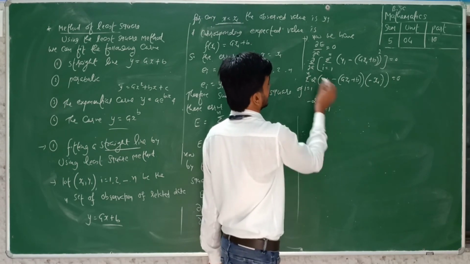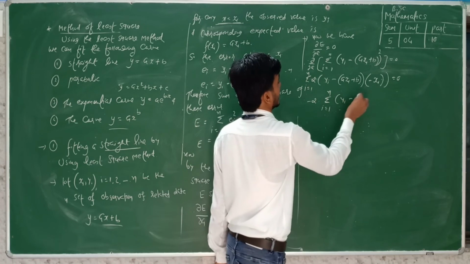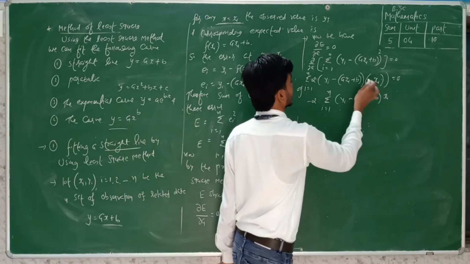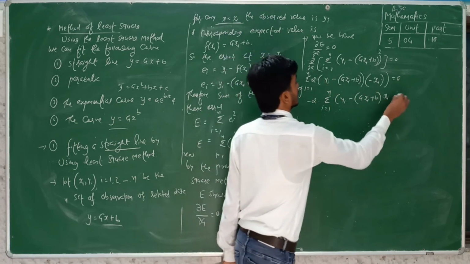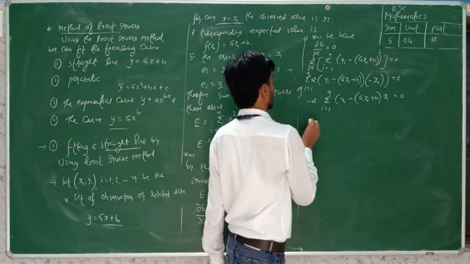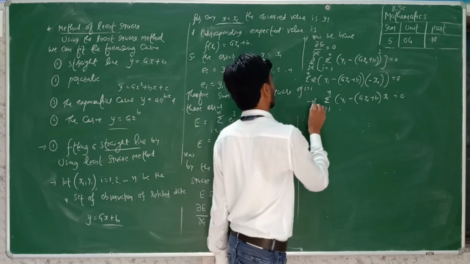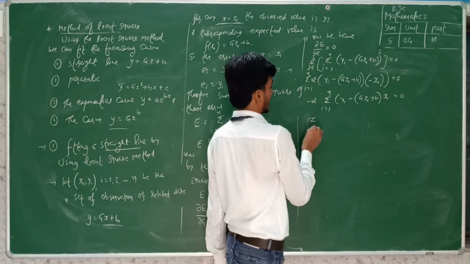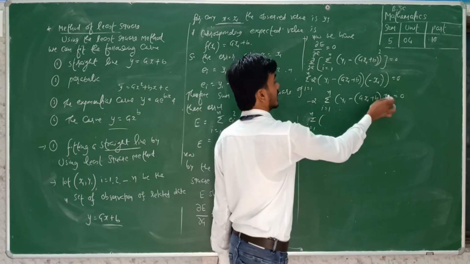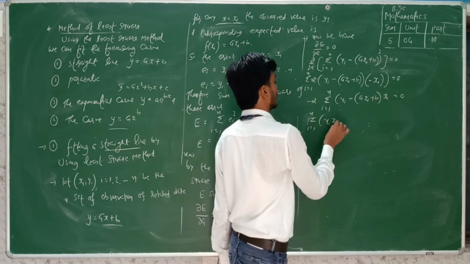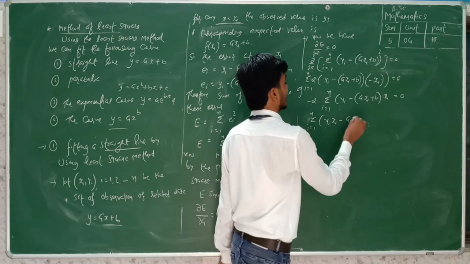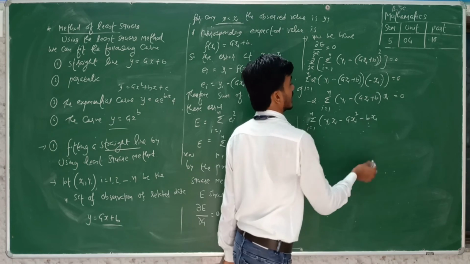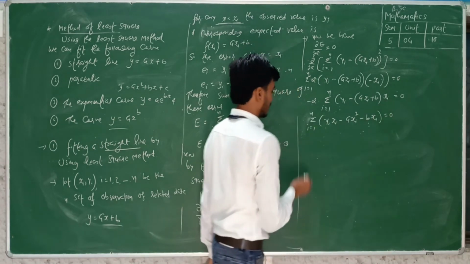Sigma i equal to 1 to n of (yi minus (a xi plus b)) into xi, minus 2 arranged on the right hand side becomes 0. So sigma i equal to 1 to n, xi multiplied by each term: yi xi minus a xi square minus b xi is equal to 0.